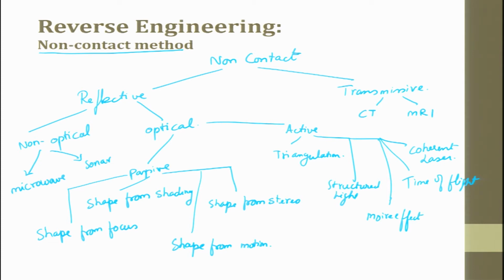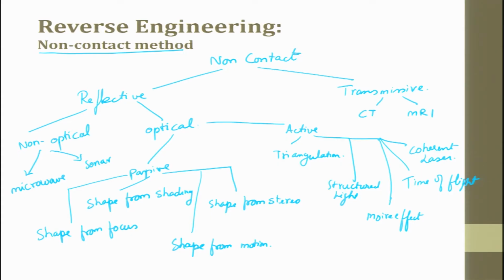They are primarily classified into reflective and transmittance, and in transmittance CT and MRI fall in this category. So, when you talk about reflective, non-optical and optical come into existence. Non-optical you can use microwave, sonar, audio, all these things you can use. When you talk about optics, there are two types, one is active, another one is passive.